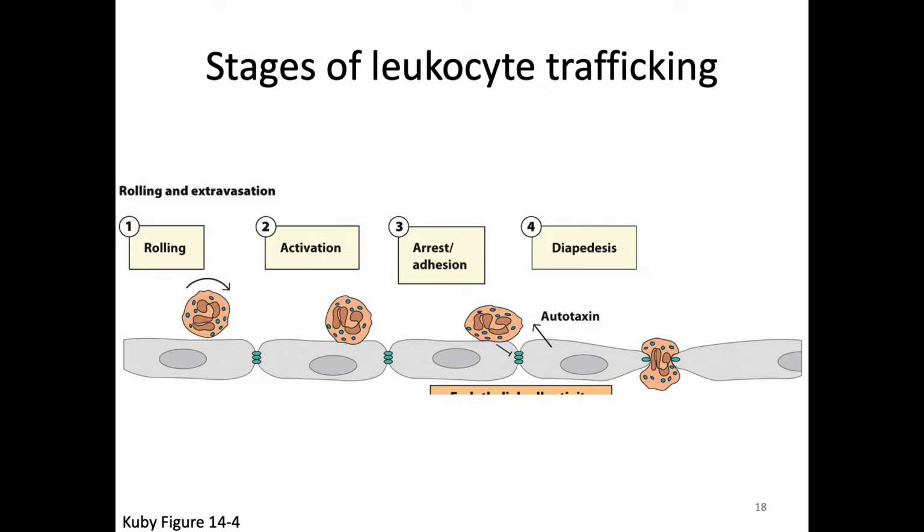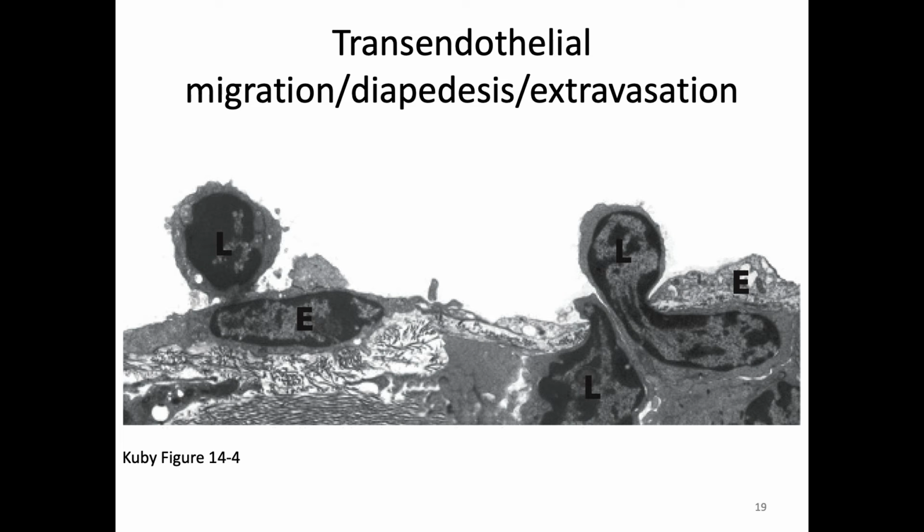And the blood vessel has cells that are pretty tightly packed together, and this leukocyte is going to squeeze in between them. That process has a couple different names. It's either known as transendothelial migration, because we are going across the endothelial layer. Sometimes it's known as diapedesis. Sometimes it's known as extravasation.